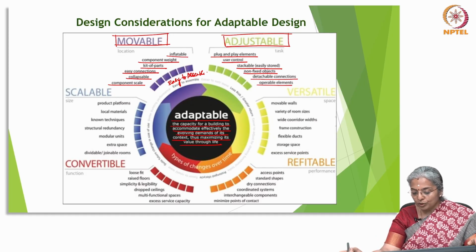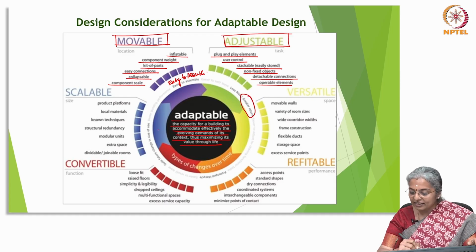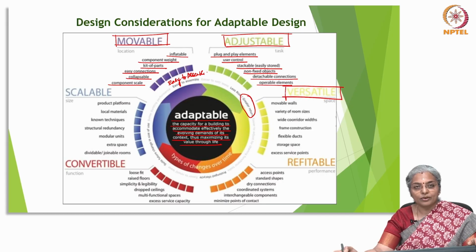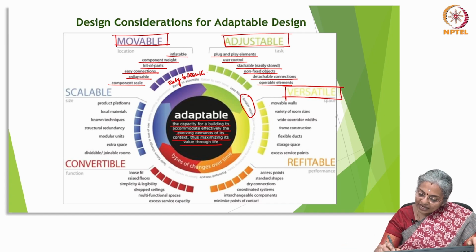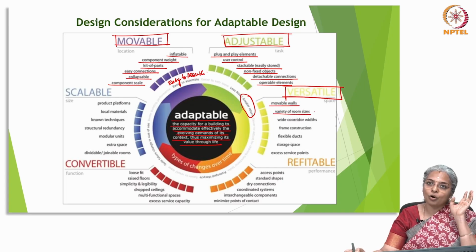We should also look at the less risk and greater return perspective, where is it versatile enough for us to be used in a redesign? So, does it have movable walls? Can we use it for a variety of room sizes, or should all the rooms be only one dimension, 4 meter by 4 meter, 6 meter by 6 meter?